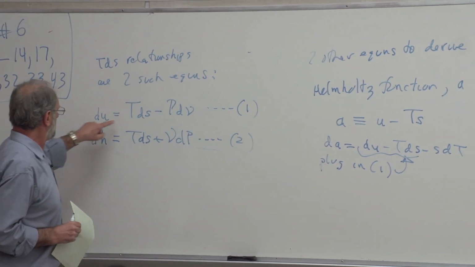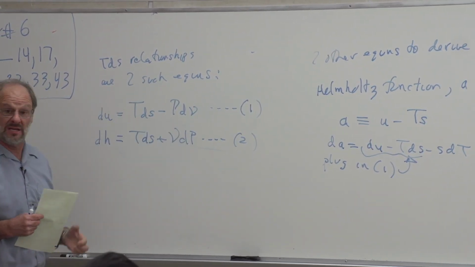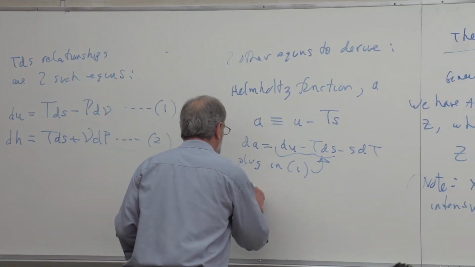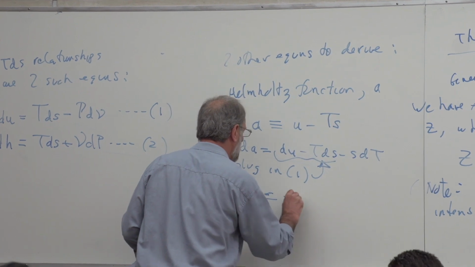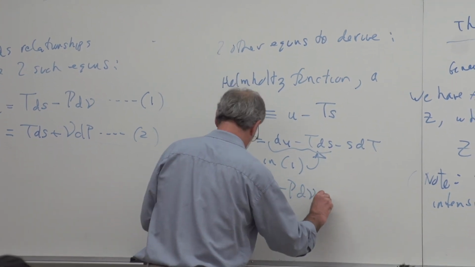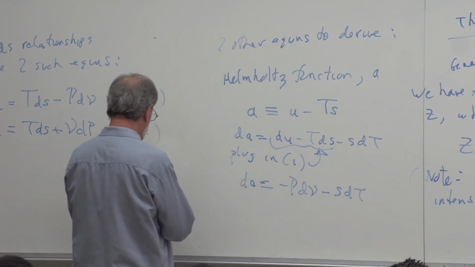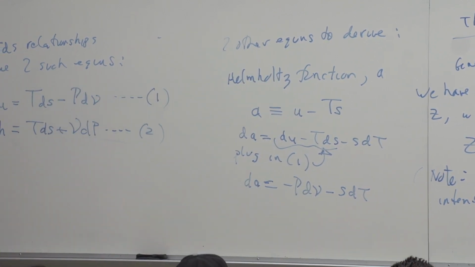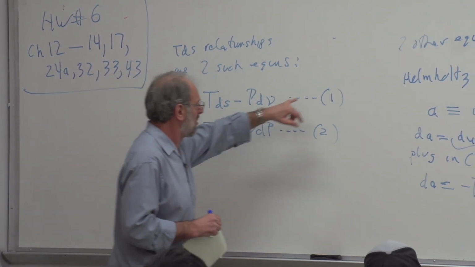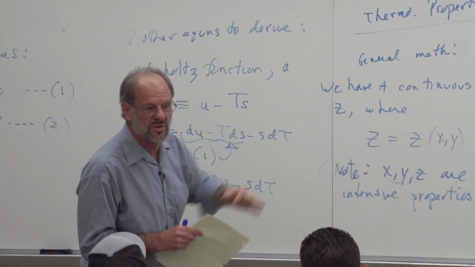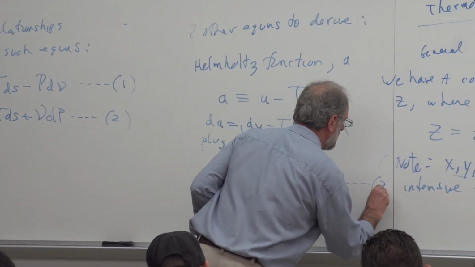After all, du minus TdS is going to equal minus PdV. So we get da is going to equal minus PdV and then minus SdT. What do you know? That's exactly what we're looking for, right? It's in the same form as equation 1, equation 2, in other words, in the form of equation A. So I'm going to call this one equation 3.